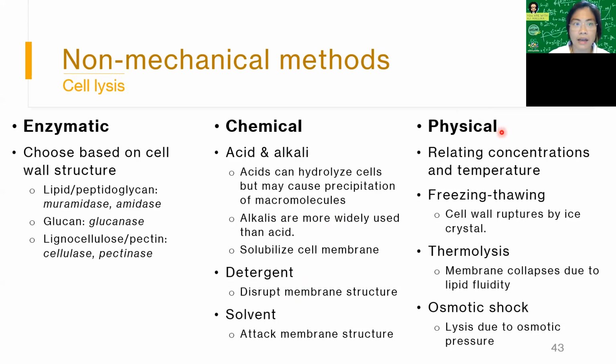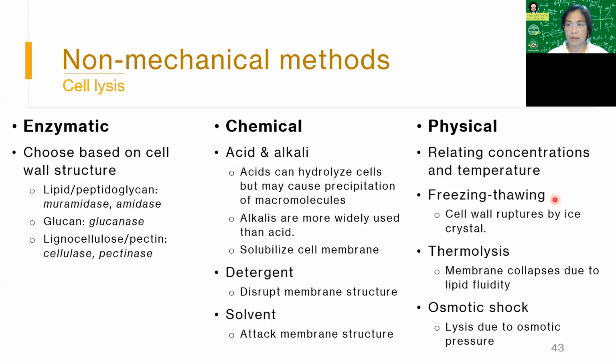The last non-mechanical method is the physical method. Okay. In terms of physical, we are talking about the difference in concentration, so sort of like osmotic pressure. We are talking about the change in temperature and those types of things. So the physical method of cell lysis relates to the use of concentration and temperature.